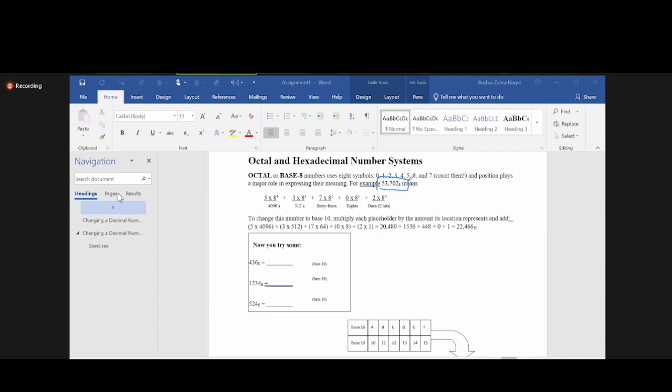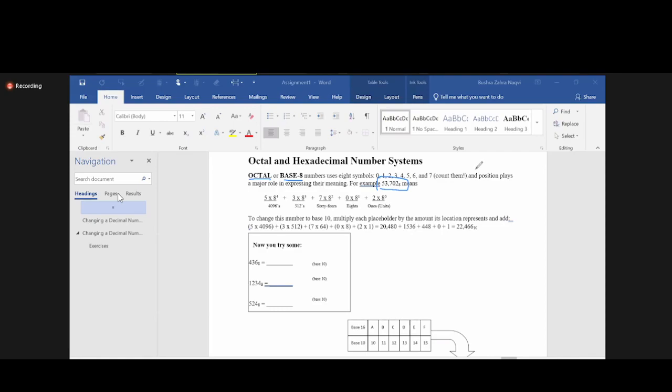This is in the base 8 number system. It's an octal number, right? Base 8 number system. So base is mentioned as a subscript, not as a superscript. So what you need to do is convert this base 8 number into base 10.